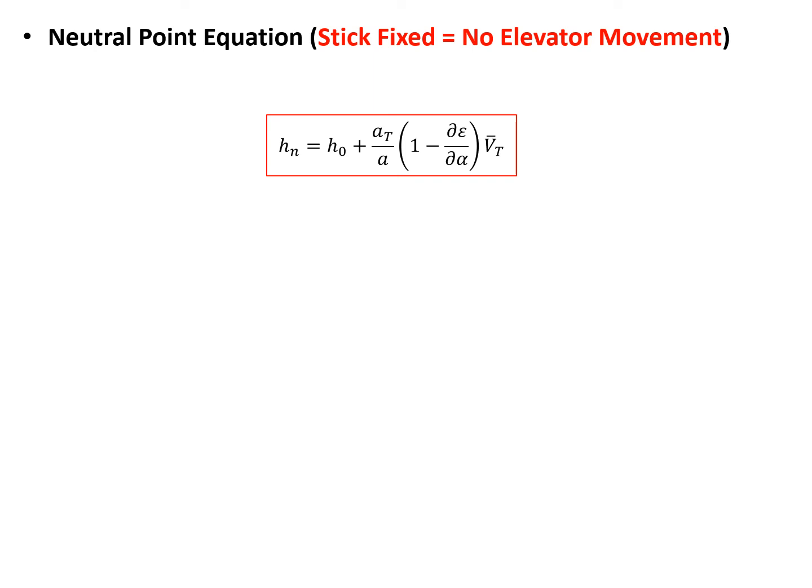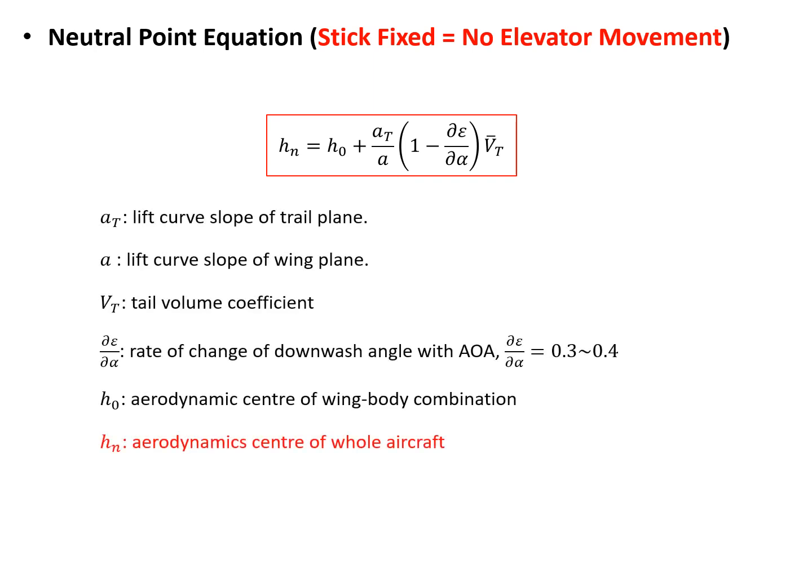Now let's do a bit more discussion, especially for the definition of each quantity. I'm not reading all the notations, but I want to highlight partial epsilon partial alpha, which is the rate of change of downwash angle with respect to angle of attack. For this quantity, the ratio is about 0.3 to 0.4 for regular or passenger aircraft. And you can see it's not really small, it's kind of significant for the neutral point.